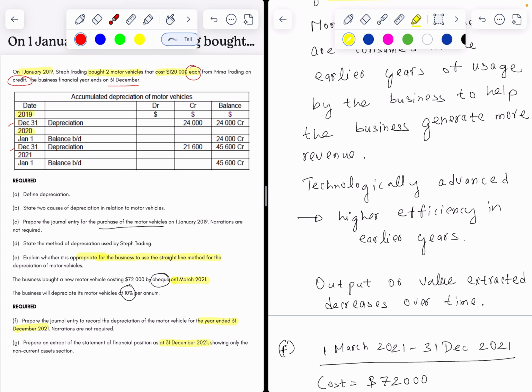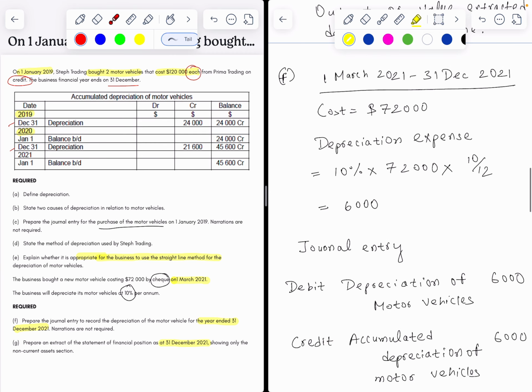Therefore, it makes sense to use the reducing balance method for motor vehicles because we expect a higher depreciation expense to be incurred from the consumption of higher economic benefits to help the business generate more revenue in the earlier years of usage as compared to the later years of its useful life. Okay? All right. So let's do part F.